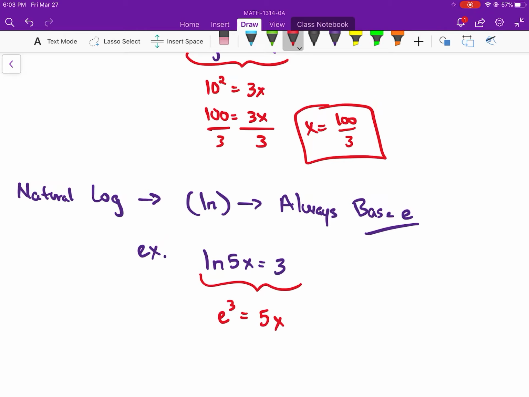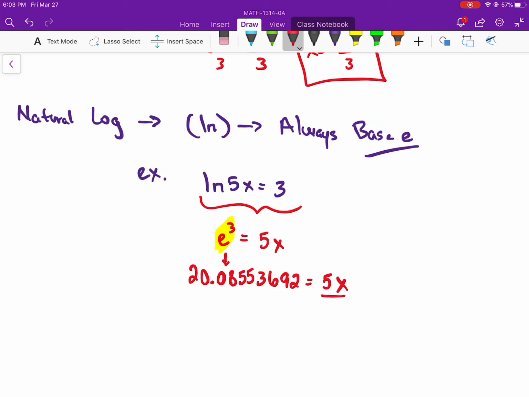Now, on your calculator, I have a TI-84, so you have to hit second ln to get that e to a certain power, so e to the third power comes out to 20.085536692 equals 5x, okay?